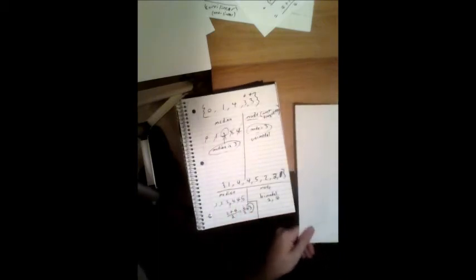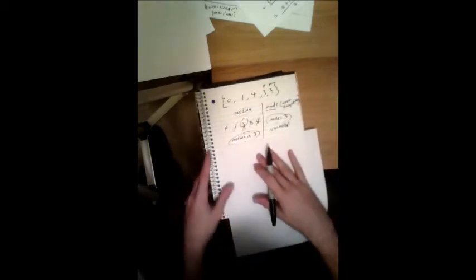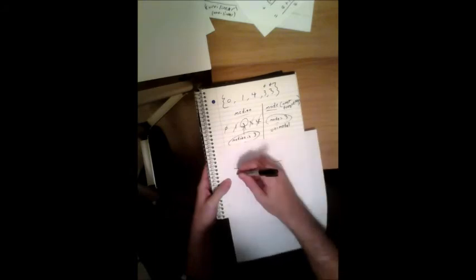And your book has these things called histograms. They're pretty easy to understand, I think. We got 0, 1, 2, 3, and 4.